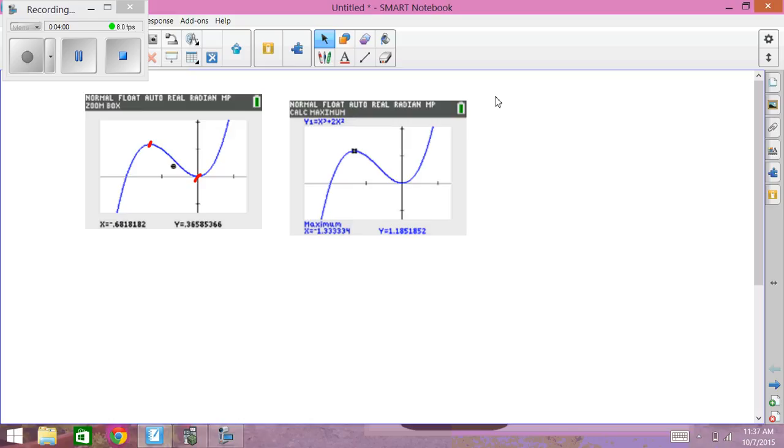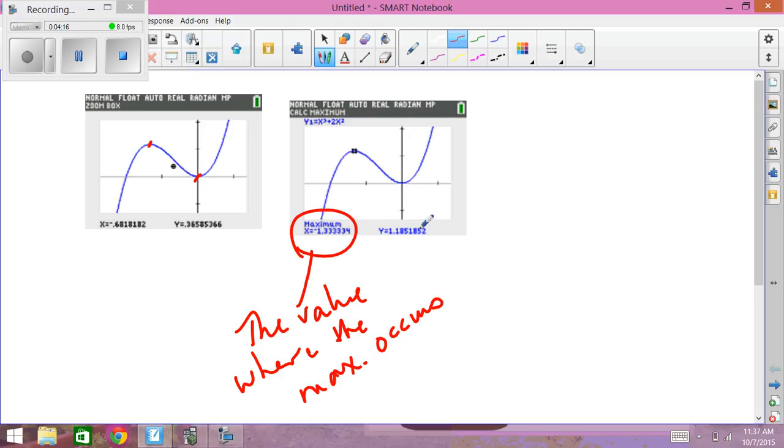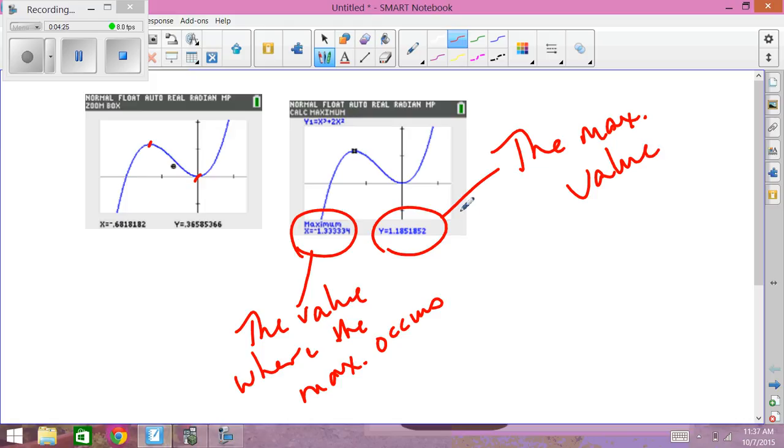So this is the x value where the maximum occurs, and this is the maximum value. Remember, the y is the output, so that's your actual maximum value.